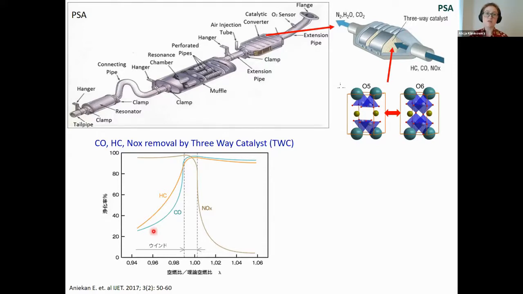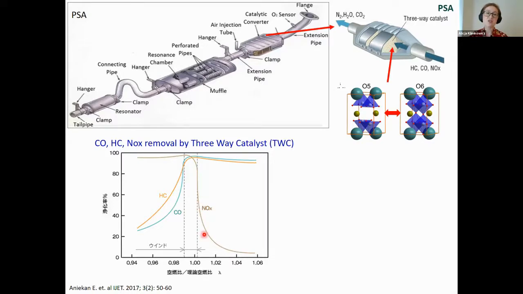Those three reactions are removing hydrocarbons, CO, and NOx. But what I can tell you is that to remove hydrocarbons and CO, we need to burn them into CO2 and water, right? So we need oxygen for those reactions to occur. But for NOx, we actually need to reduce it, right? So we need a reducing atmosphere. So this is the problem, because those are two different environments needed.